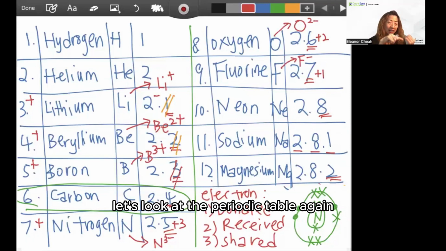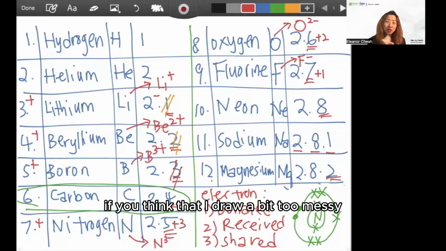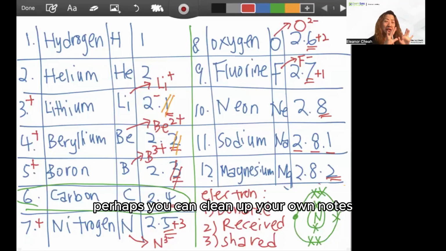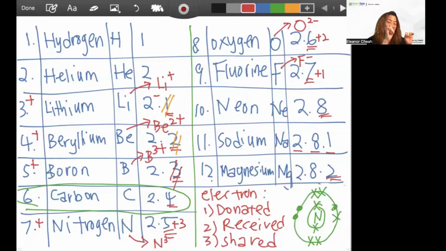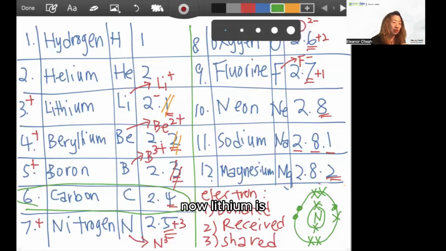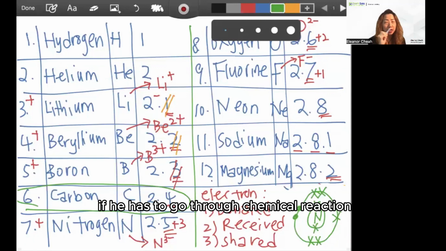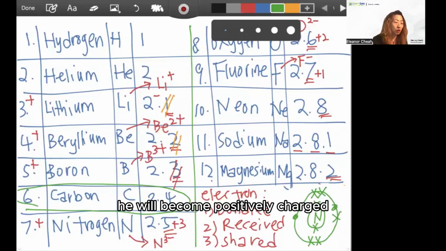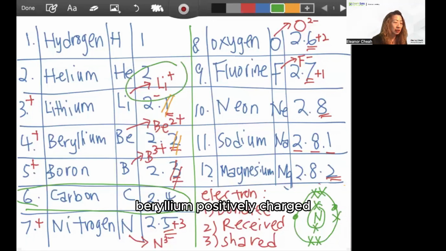So let's look at the periodic table again. If you think that I draw a bit too messy, perhaps you can clean up your own notes and pay attention to the charge. Okay, now lithium, if he has to go through a chemical reaction, will become positively charged. Beryllium, positively charged.